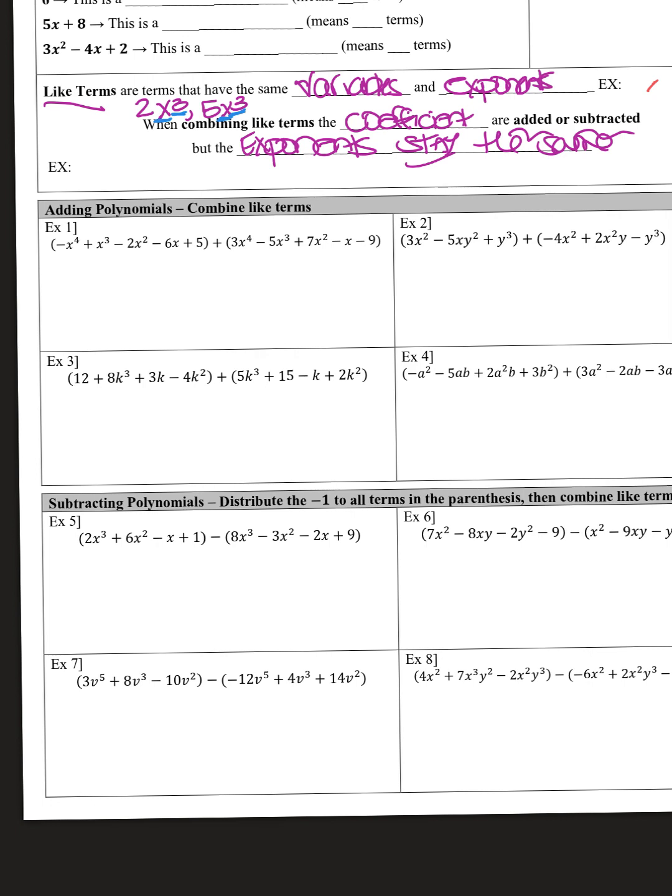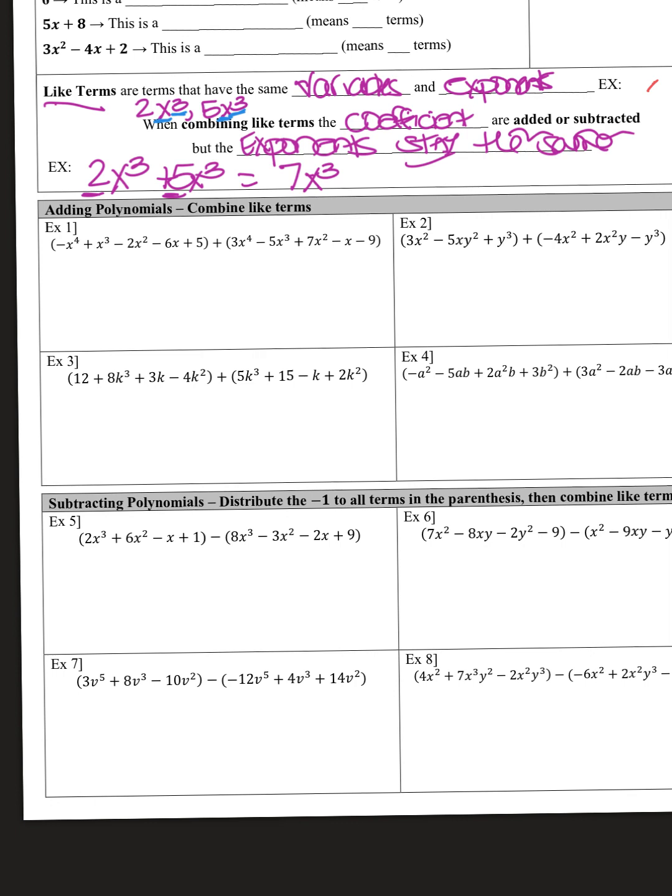So for example, if I took what I did above, we've already said that 2x to the third and 5x to the third are like terms. If I were to add these both together, I'm simply adding my coefficients. My 2 plus 5, I have 7, and then my x to the third.